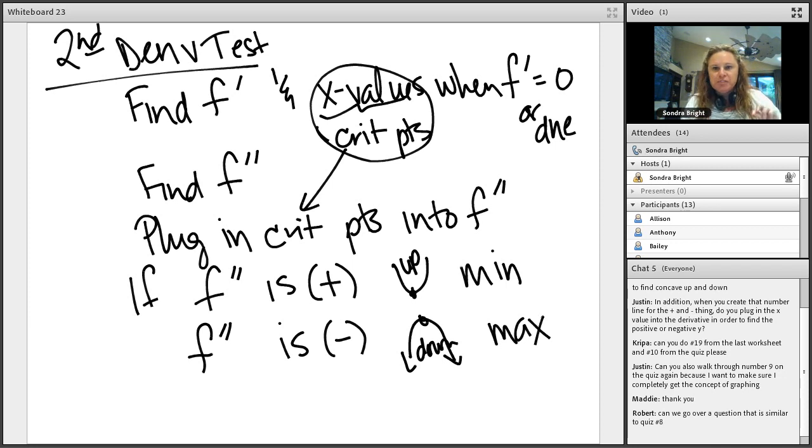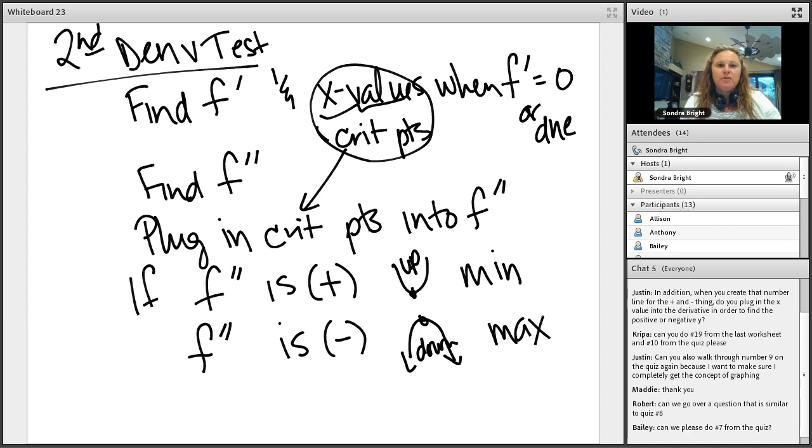Yeah, so you're using the critical point from the first derivative, but just plugging it straight into the second derivative. That's second derivative test. Okay, hopefully that makes sense now for second derivative test.